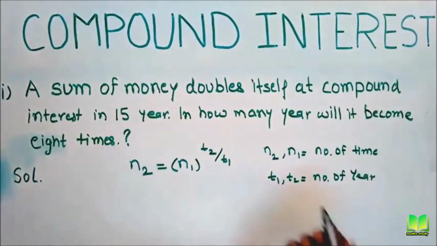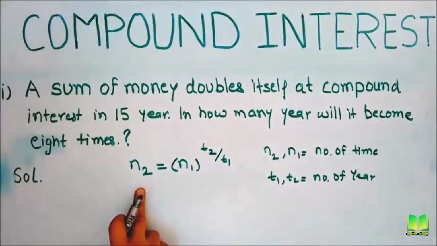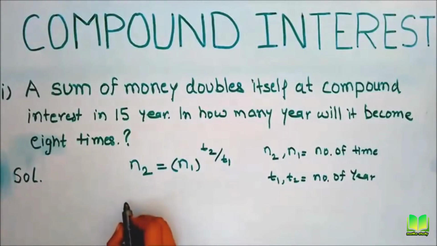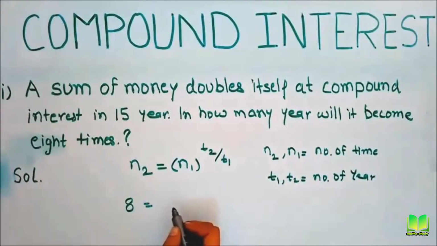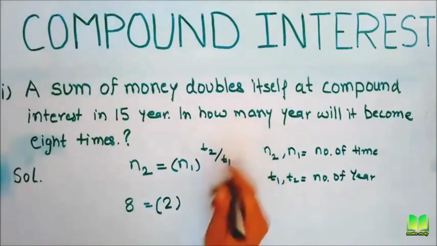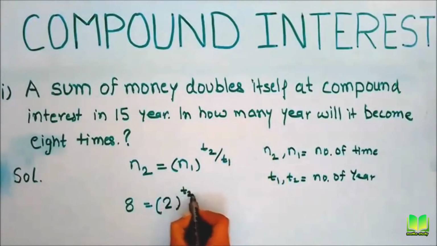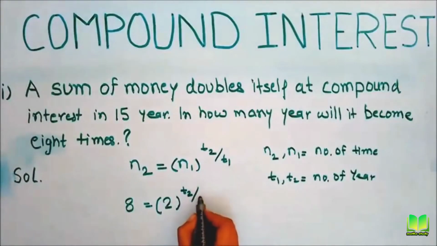Now put these values in the formula. n2 here is given as 8 times, that is 8. n1 is given as double, meaning 2. We have to find the time t2, so we write t2 here, and the time t1 given here is 15.